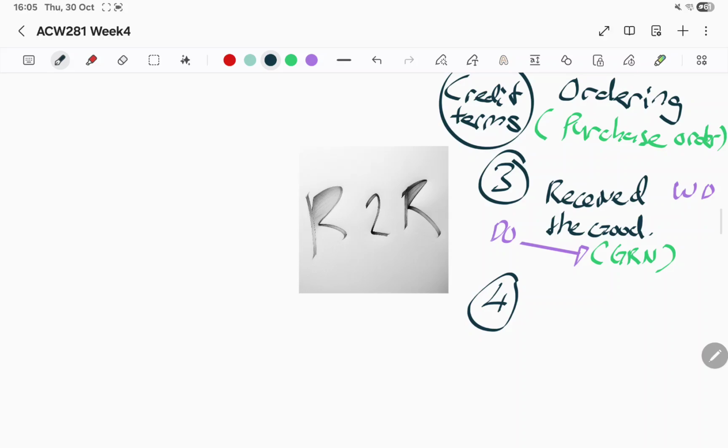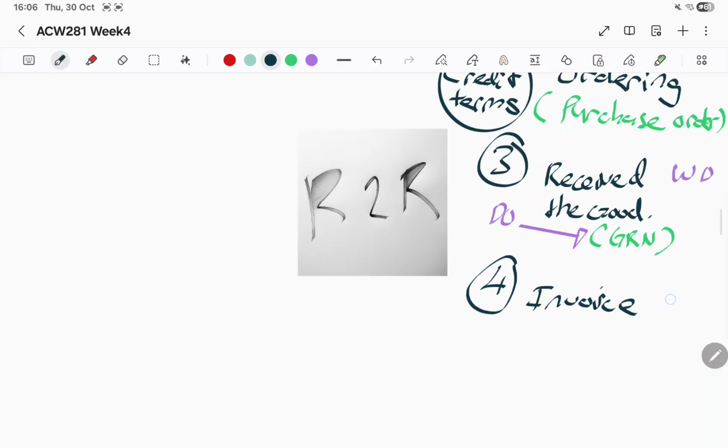After you receive the goods, you do the inspection, you check the goods quality is good, then usually you will receive the delivery order together with the invoice, right? You will have the invoice over here.